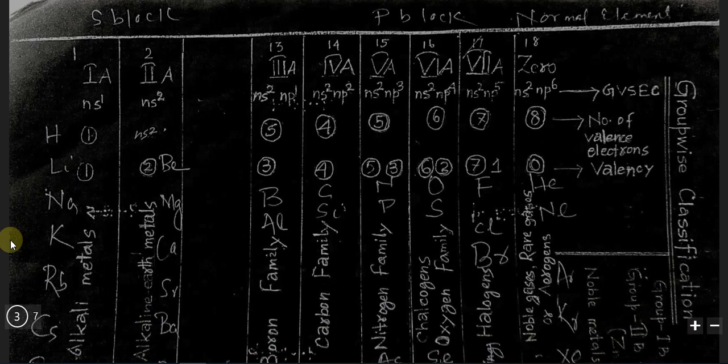1A and 2A are called S block elements because their outermost electrons are present in ns1, meaning 1A S block, and ns2, meaning 2A S block. 1A elements are hydrogen, lithium, sodium, potassium, rubidium, cesium, francium. 2A elements contain the last electron in ns2.